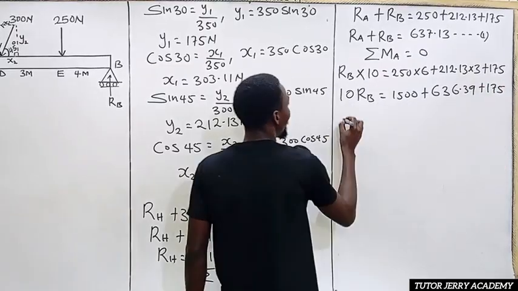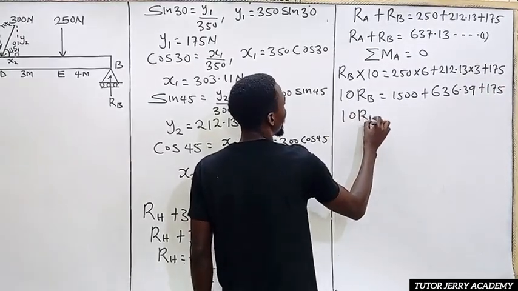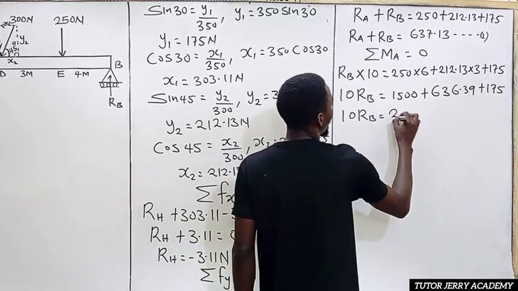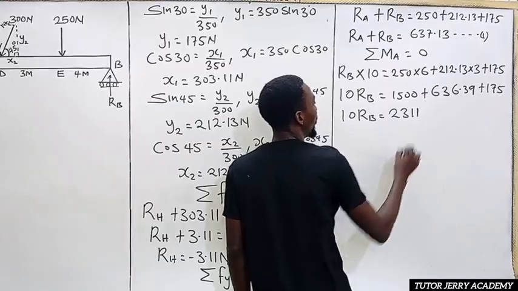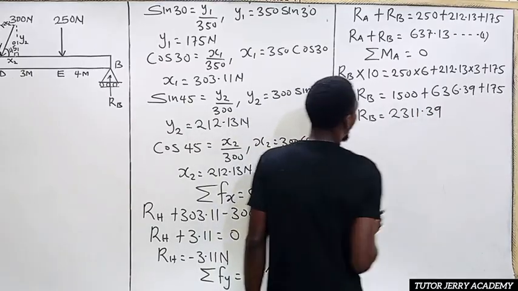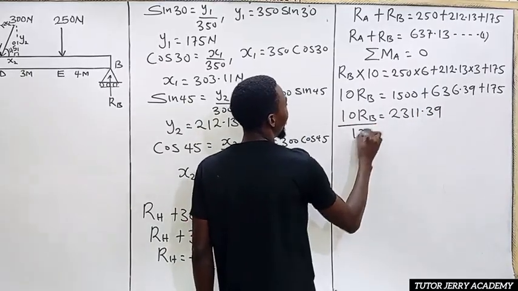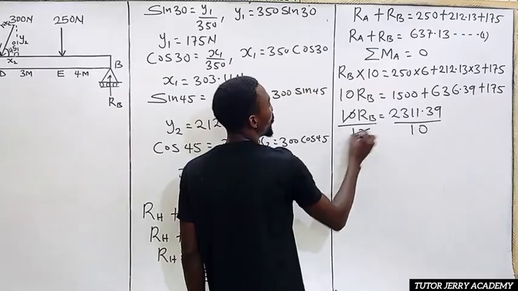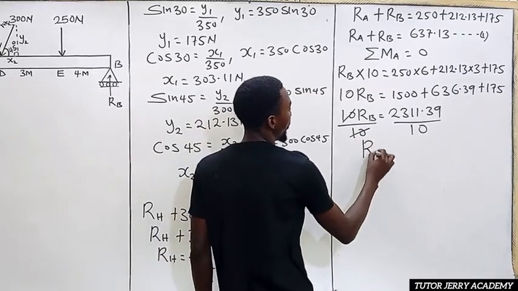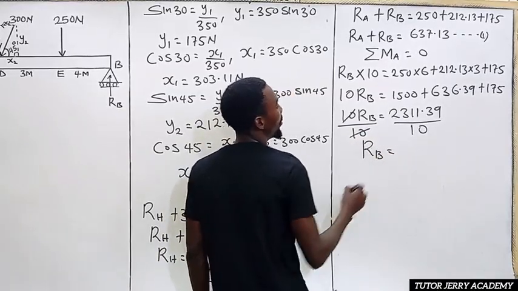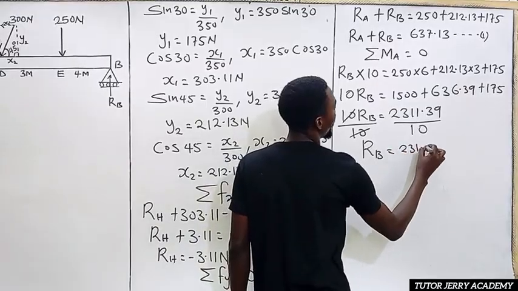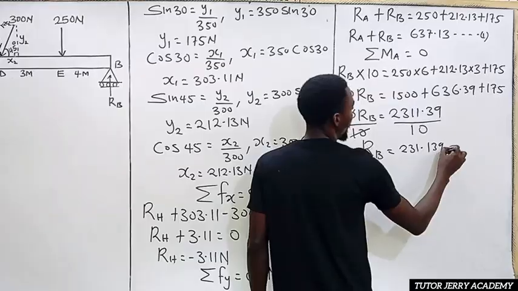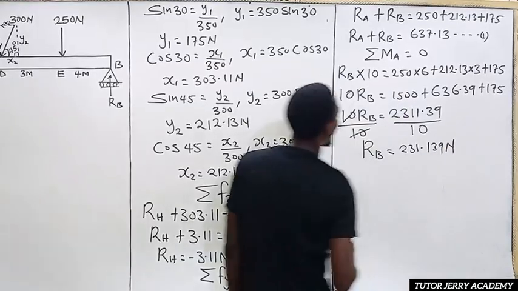So by the time we sum that together, we are going to get 2311.39. So if we divide both sides by 10 now, we have ROB equals 231.139 Newton.